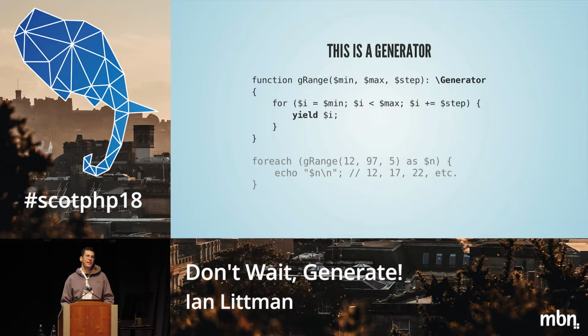Generators end up being a lightweight version of the iterator pattern in PHP, except instead of having to declare a class with about a half dozen methods, you declare what appears to be a function, and you use the yield keyword to spit out values as that function is running. In this case, again, we're just regenerating the range function and encapsulating a for loop, but as you go through here, it'll spit those values out.